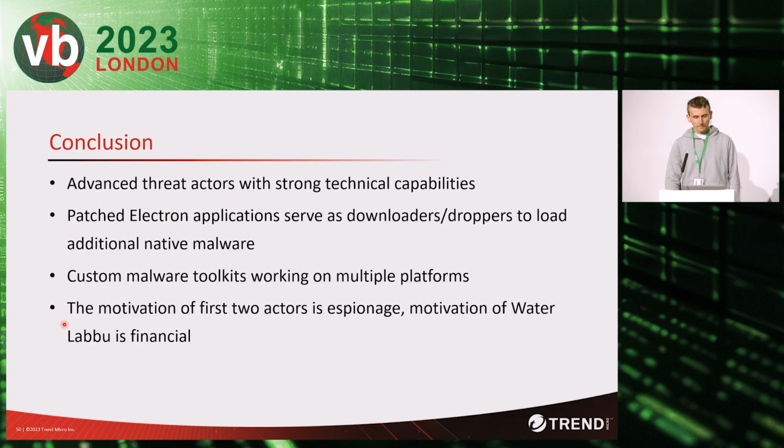All the actors I mentioned are quite advanced actors. They have strong technical capabilities. They patch the Electron applications, but they do it for the purpose of downloading additional malware, because for the threat actor the most important thing is to have native malware, which is more capable and stronger than just running some JavaScript.